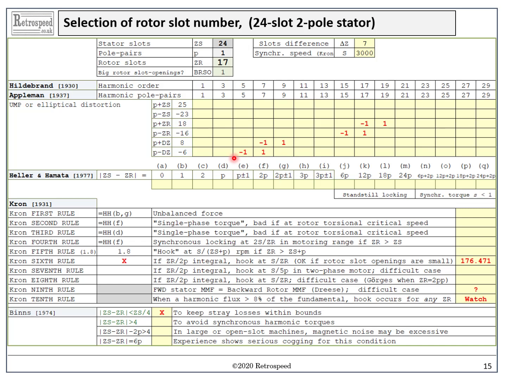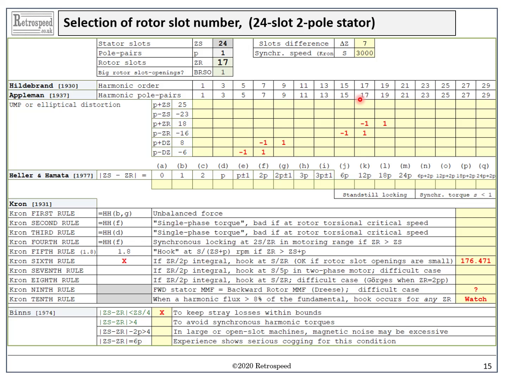If we look at the 17th MMF harmonic, it has 17 pole pairs. And then this permeance harmonic at P plus ZR has 1 plus 17 equals 18 pole pairs. So the difference in pole pairs is 1, and the difference in poles is 2, and it shows up in bold red type.